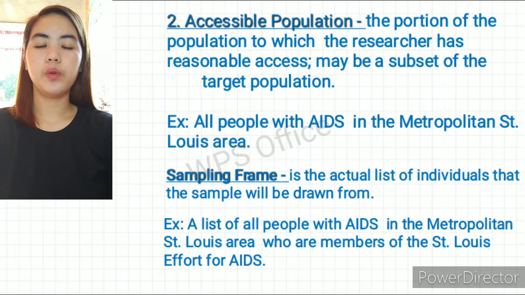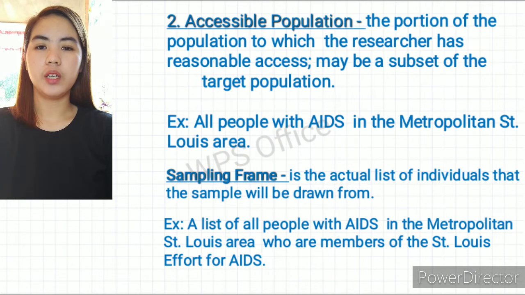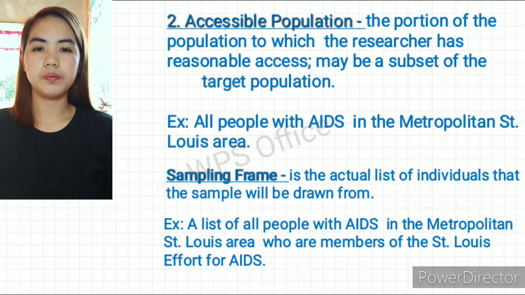The second group that is involved in population is the accessible population. Accessible population is the portion of the population to which researcher has reasonable access. It may be a subset of the target population. Now, let me connect my example to target population in order for us to see the difference between the two.